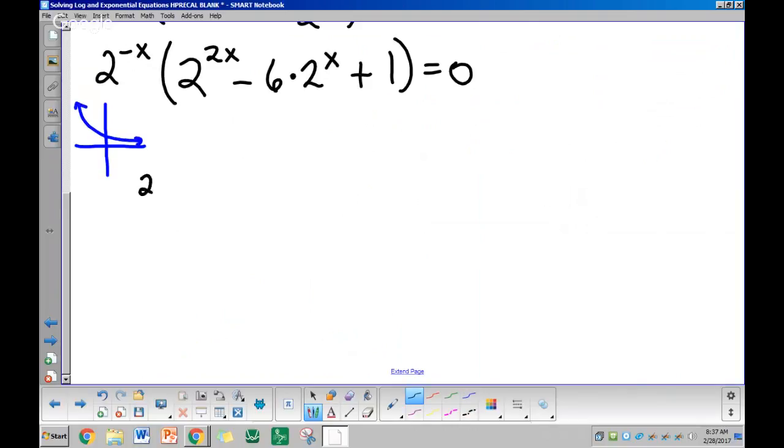So 2 to the negative x equals 0 has no solution, because if we were to take the log of both sides, can you take the log of 0? The answer is no. The second factor here looks quadratic.